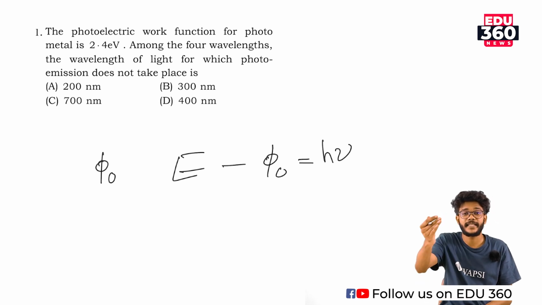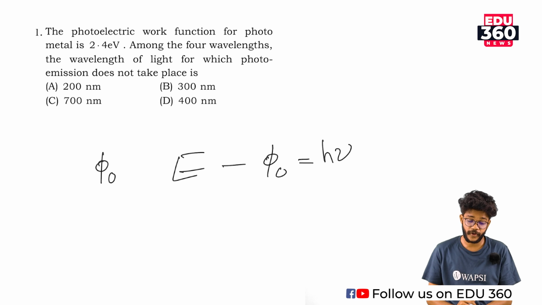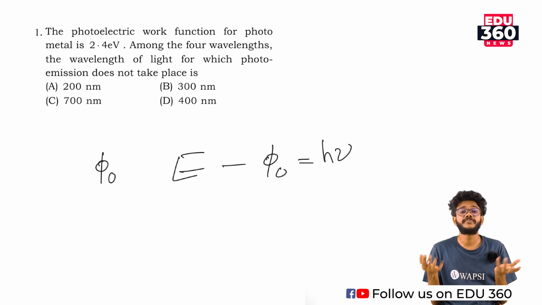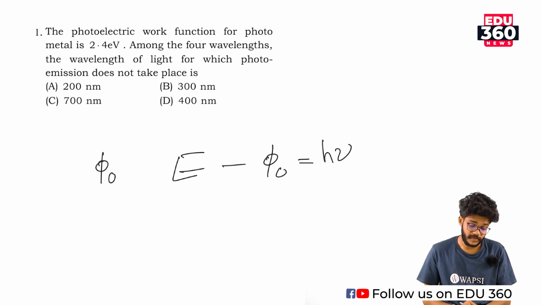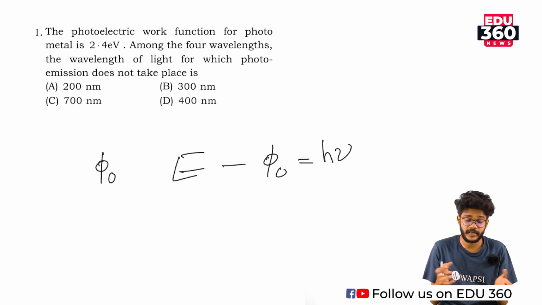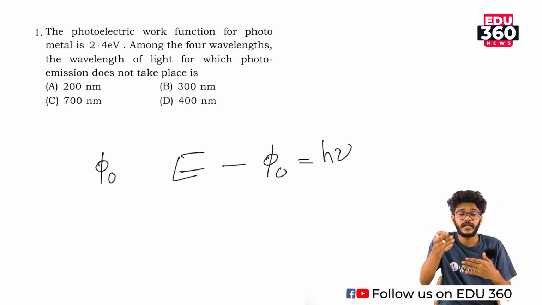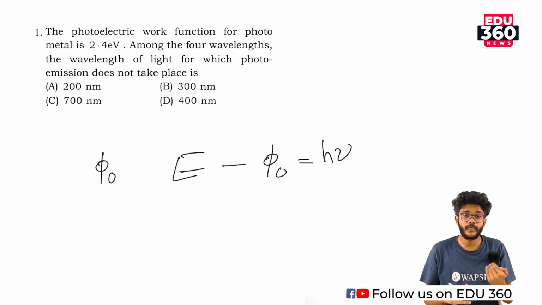Below that energy, 2.4 electron volt, we can't observe any kind of photoelectric effect. So which wavelength will not give any photoelectric effect? Higher the wavelength, lower the frequency, and lower the energy, so photoelectric emission will not happen.